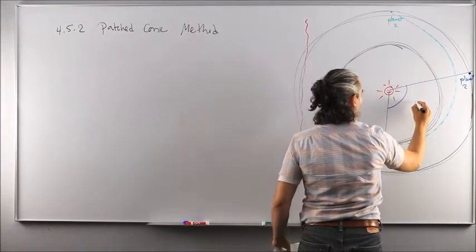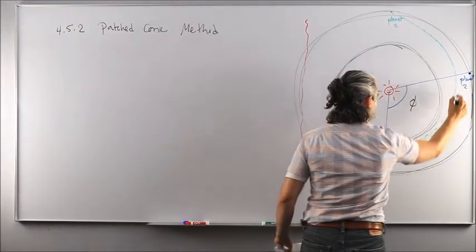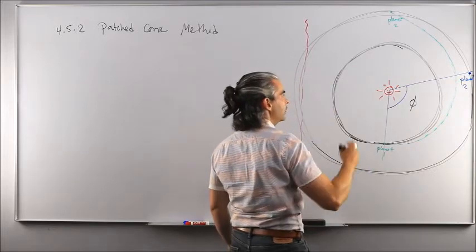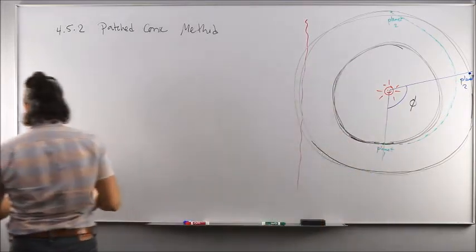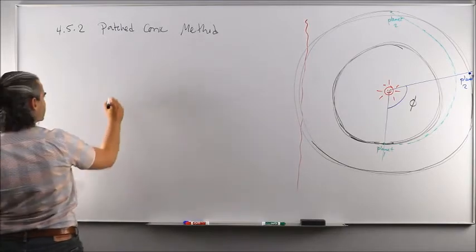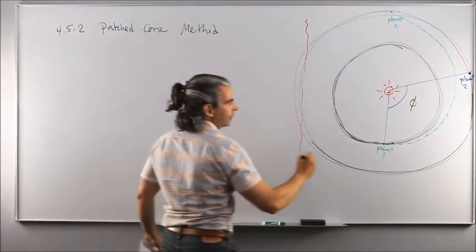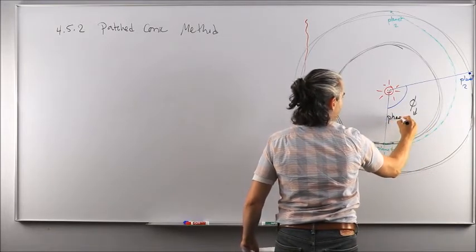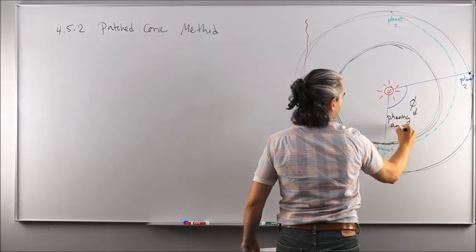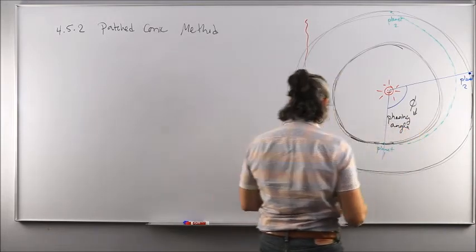So this angle that planet 2 needs to have with respect to planet 1 upon departure is going to be denoted by phi and will be referred to as our phasing angle, okay?